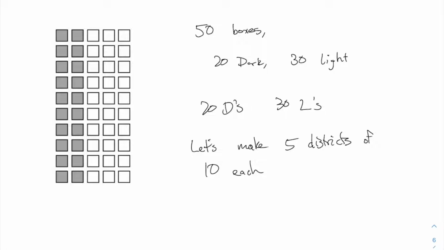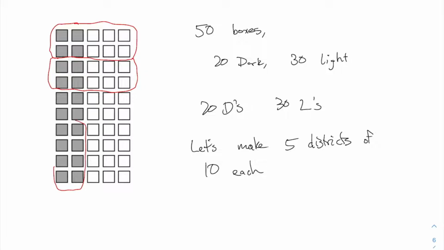All right, so I'm going to try to divide this into 5 districts of 10 people each, and then ask ourselves, what is the result if each of those districts had an election? So, for example, here I'm just going to make something up. How about I put all of these together, and maybe I put all of these together also. And then maybe I put, how about these guys?